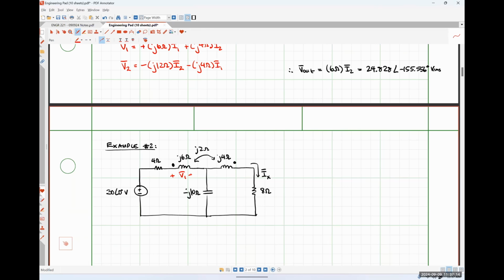On the right. You guys are making it easy. Gabe, do you want our mesh current I1 to flow clockwise or counterclockwise? Clockwise, all right. And Tyler, do you want our mesh current I2 to flow clockwise or counterclockwise? Clockwise, okay.